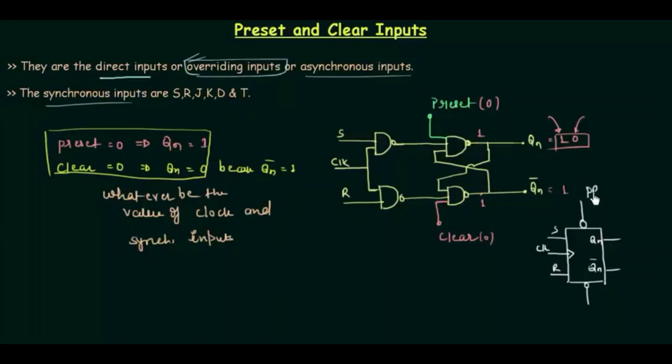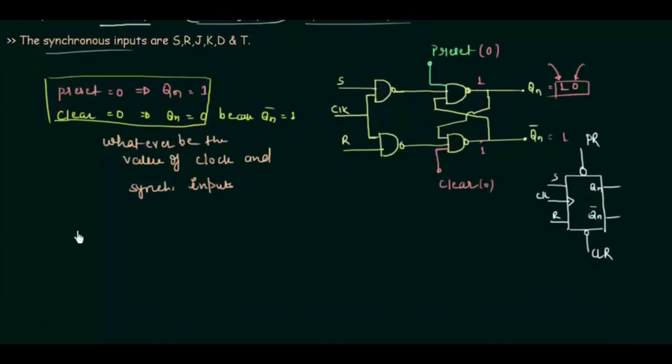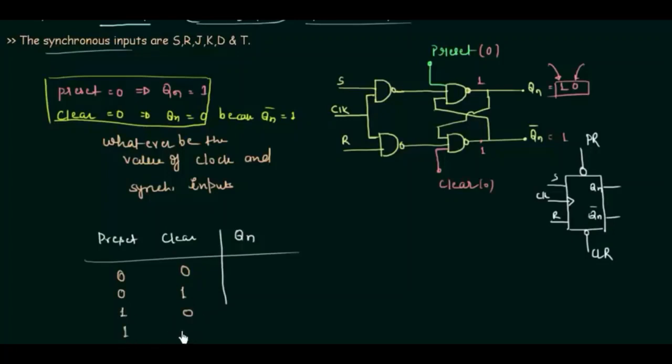Now we will see the truth table, in which the inputs are preset and clear, and the output is Qn. With the two variables, we have 4 combinations: 0 1, 1 0, 1 1.